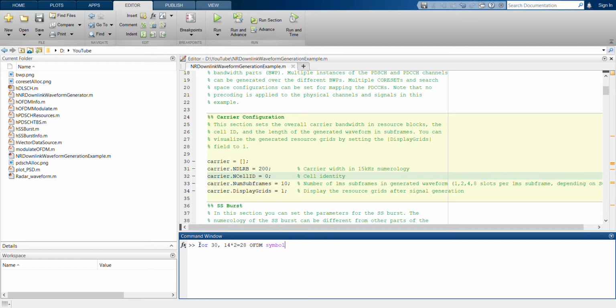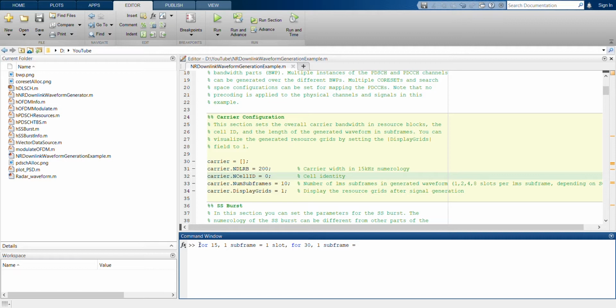Another term that you need is something called a slot. For 15 kilohertz, I'm using 15 instead of typing kilohertz, since subcarrier spacings are usually talked about in kilohertz. For 15, one subframe corresponds to one slot. For 30, if you remember, for 15 kilohertz you have 14 OFDM symbols per subframe, but for 30 kilohertz you have 28 OFDM symbols.